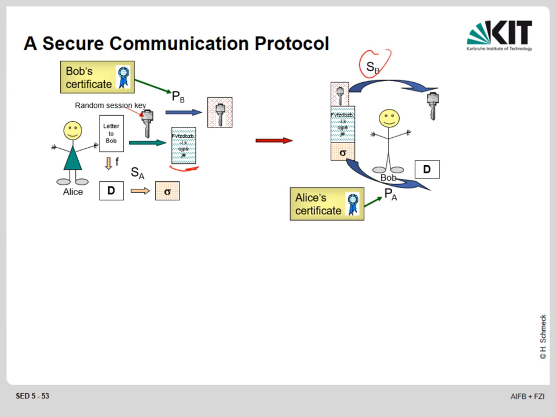Here, that's his secret key. He can use the session key to decrypt the message, gets the letter back, and now can check whether that is the original message by generating a digest of that message, and then check whether the computed digest and the received digest actually are the same.